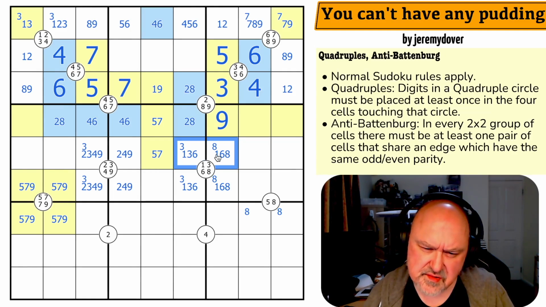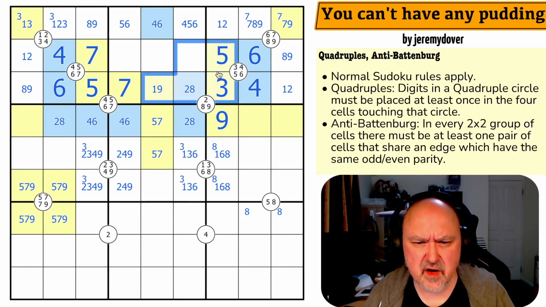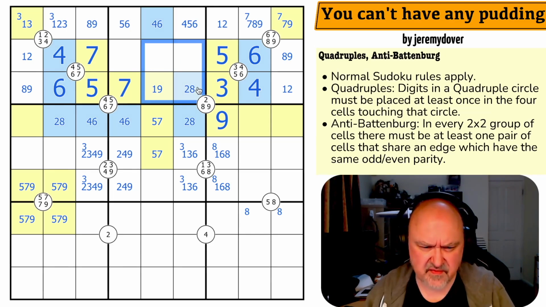These, that could be either. That could be either. It's weird. I look at these 2x2s and they're all already satisfied.